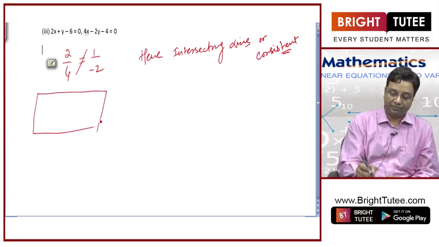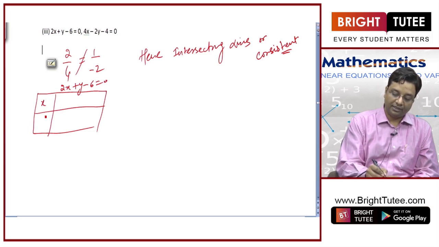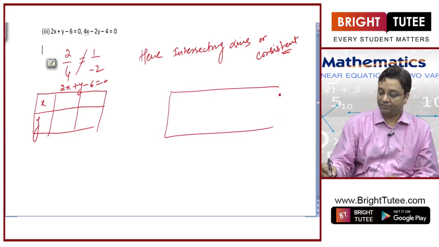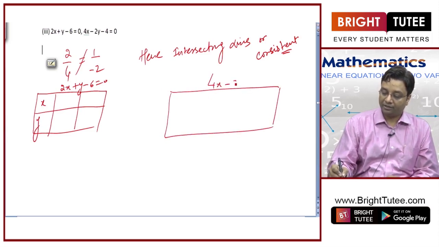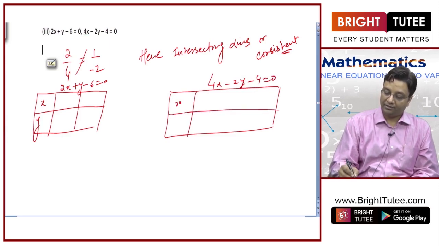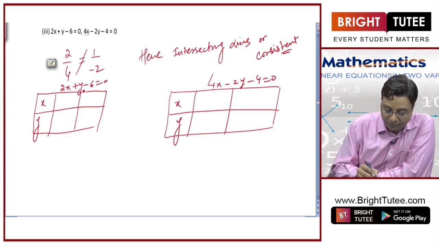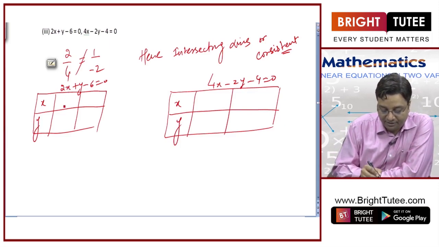So this table is for 2x plus y minus 6 equal to 0, x here, y here. Okay, we'll make another table for 4x minus 2y minus 4 equal to 0. So x, y. Okay, put value of x as 0.